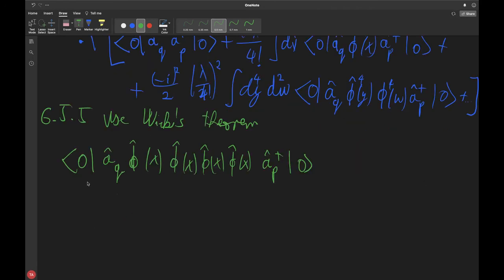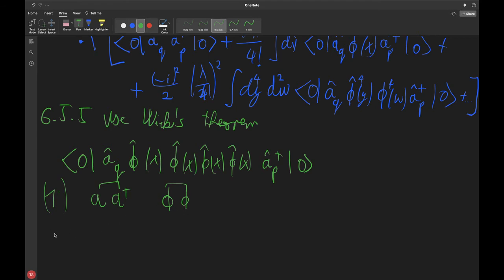So we can contract these two ways. In the first way, if we contract the creation operator with the annihilation operator, then that means that the field operators are going to be contracted with the other field operators.